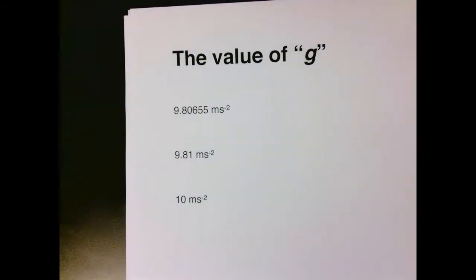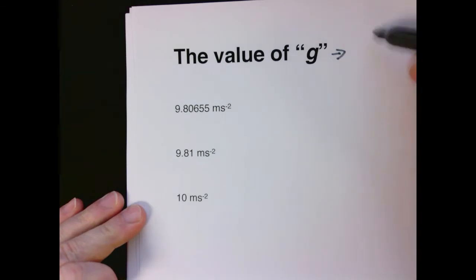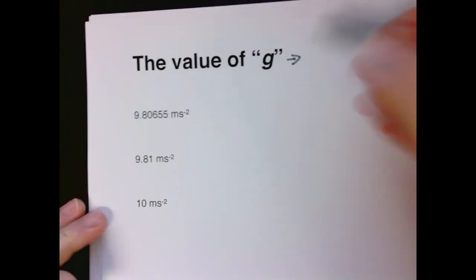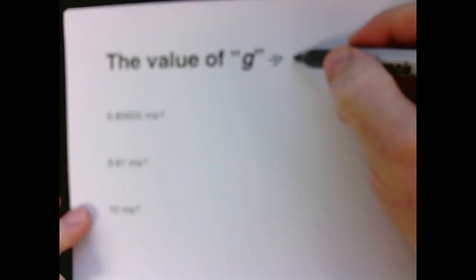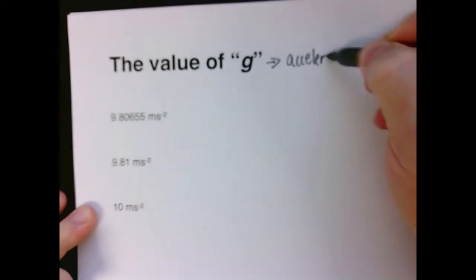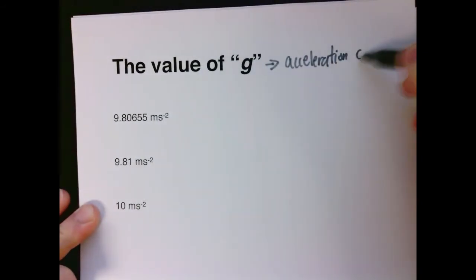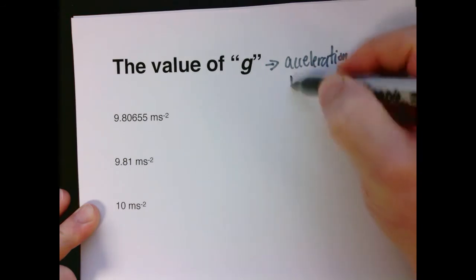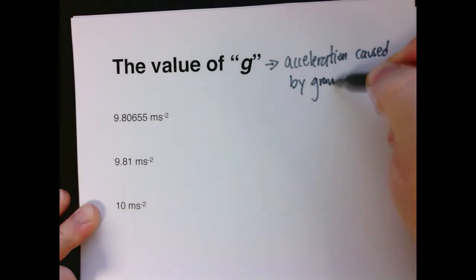So the value of g, what is g? G is a quantity known as the acceleration caused by gravity.